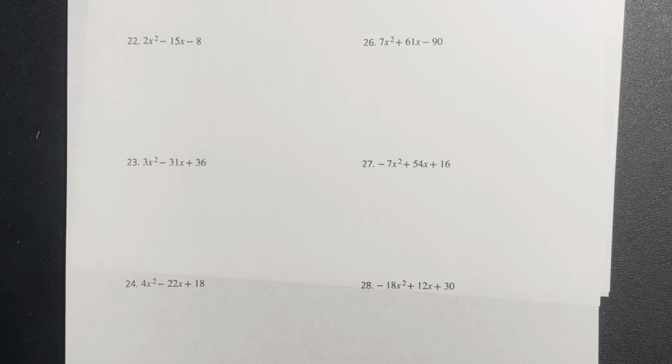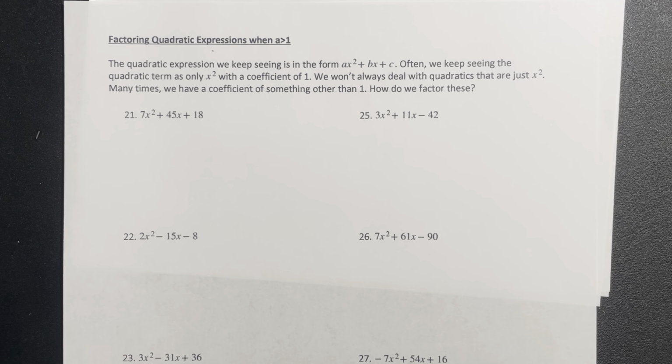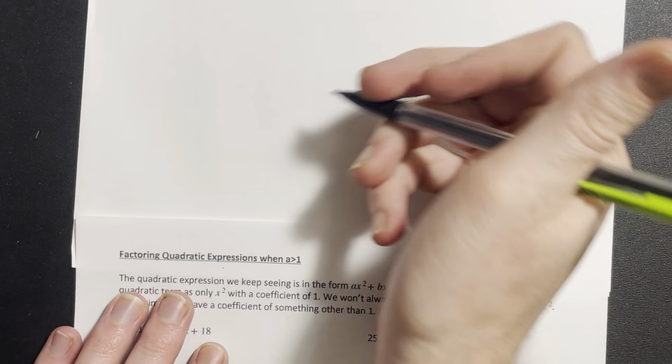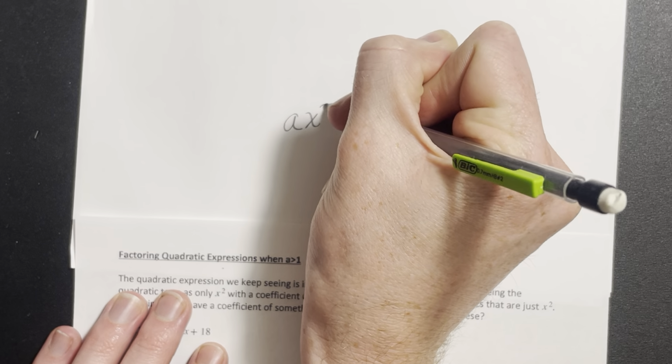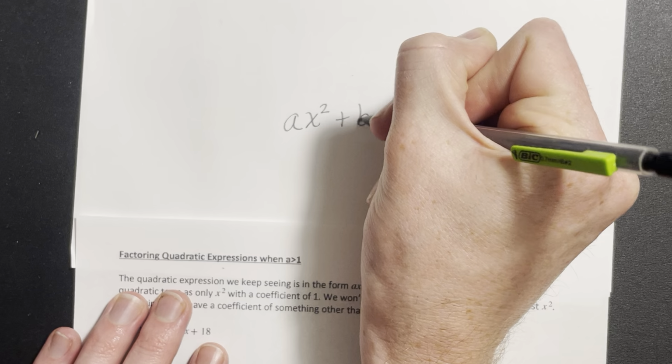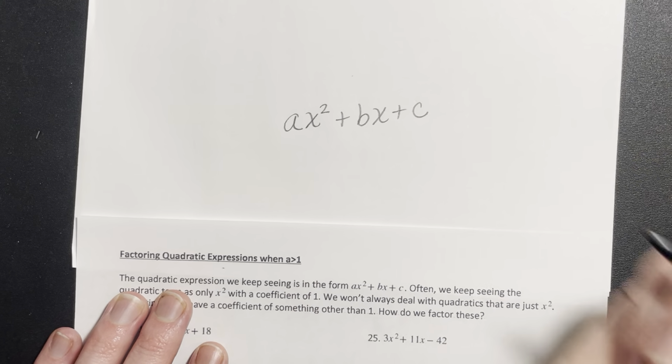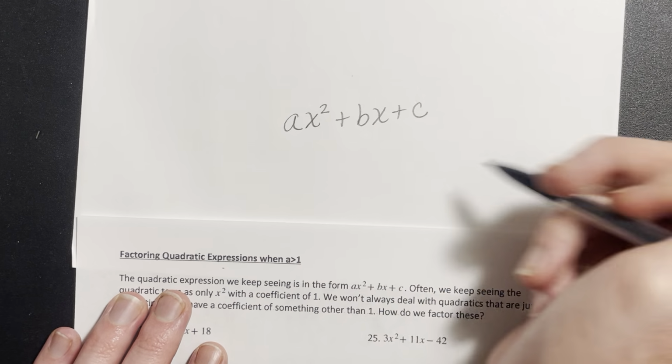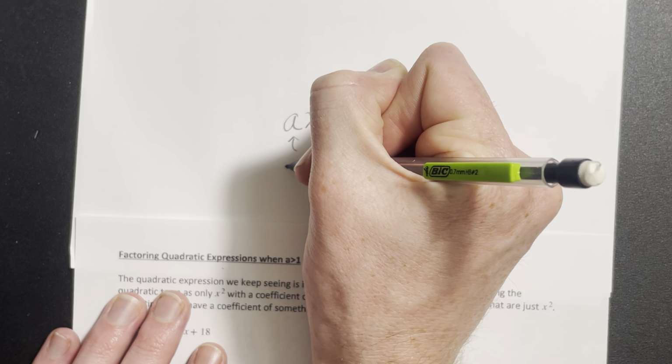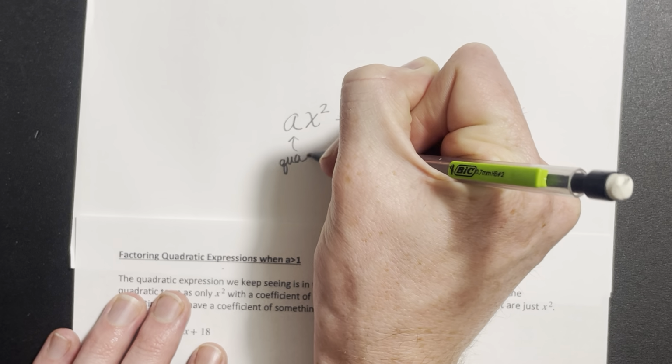let's move back here. The last page has factoring quadratic expressions when a is greater than 1. Now, this is a little specific terminology, but a greater than 1 is talking about your ax squared term. A quadratic expression in standard form is often written this way, where ax squared looks at our quadratic term.